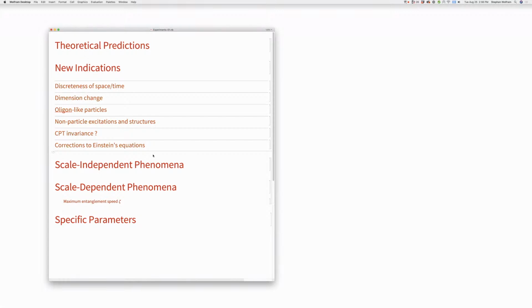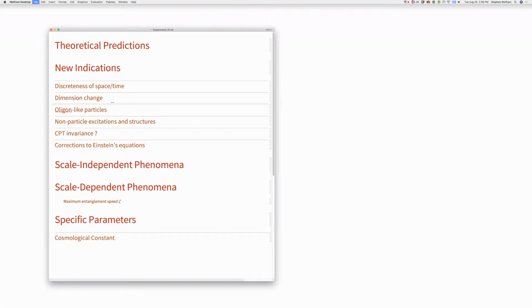Yes, but the question is, what do we need to know to be able to compute the cosmological constant? That's going to be a scale-dependent phenomenon, at the very least. Maybe that's even in specific parameters. I mean, also the dimension change is arguably a cosmological feature.